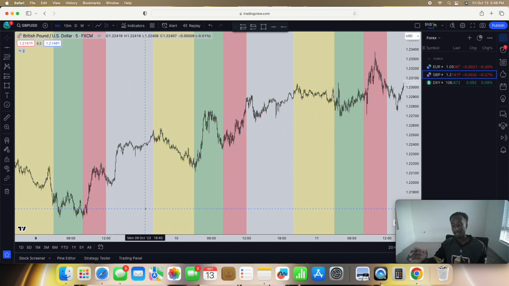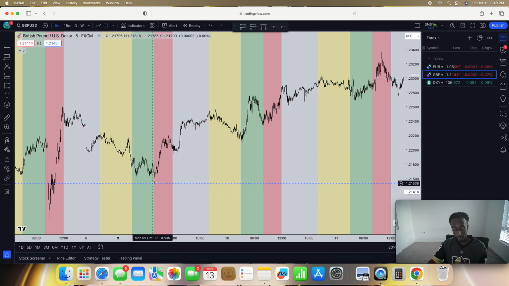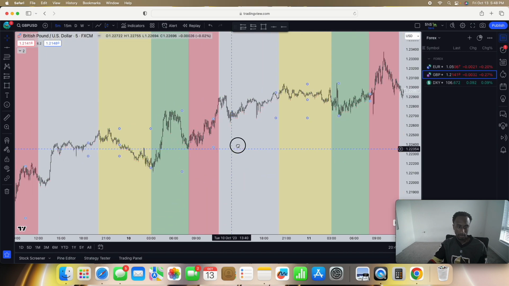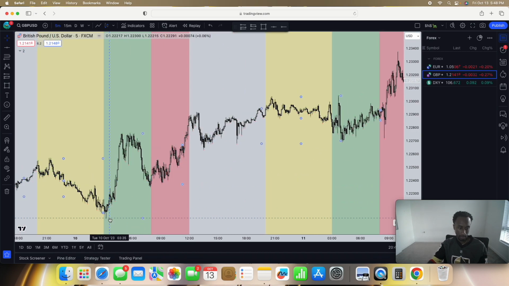So this is the A plus setup because we were trading with the trend. So here's Tuesday right here. It kind of pulled back some, but overall we're still in the uptrend from yesterday's price action, right? And then what happened? We swept the lows and just rocketed up. So yeah, I went 2-0 this week.